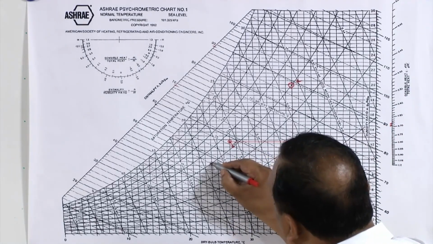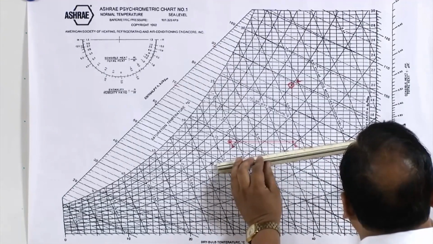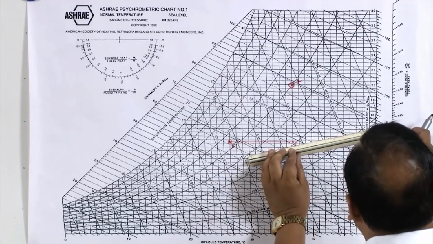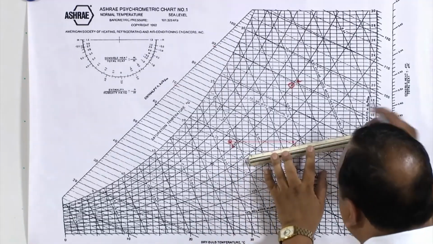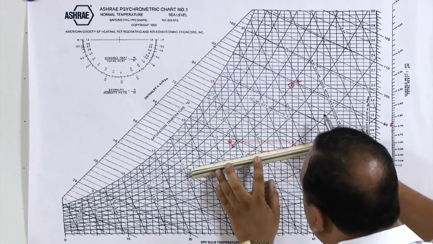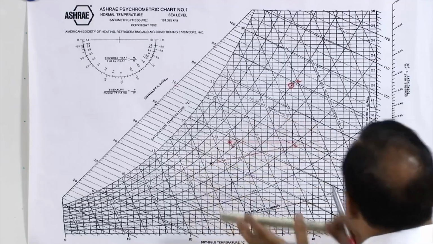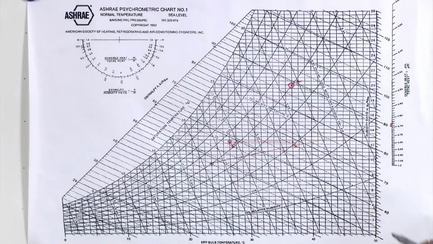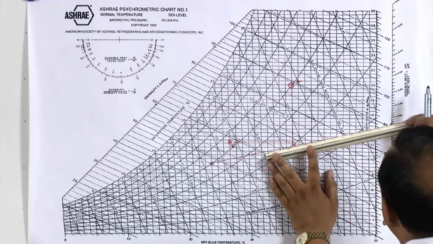There is a circle here, so this point has to be joined with this one. This is the sensible heat factor line for 0.68.